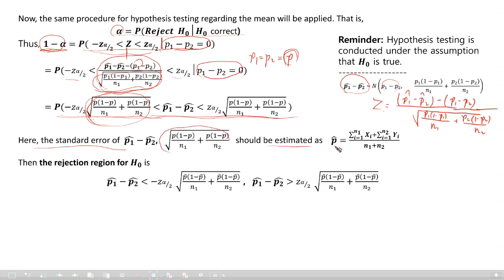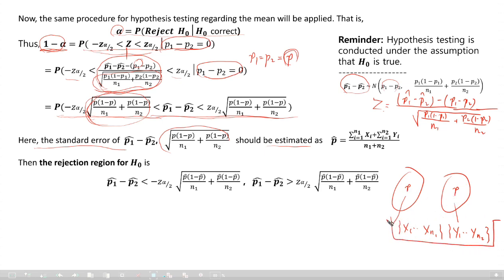How? P hat. Okay? In this case, P1 and P2 are equivalent. So from here, the first sample X1 up to Xn1, from the second one, Y1 up to Yn2. Now P1 equals P2, the same P. So we have to estimate P from this sample, like a pooled estimator, okay?